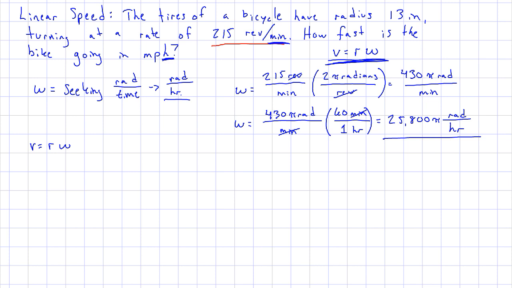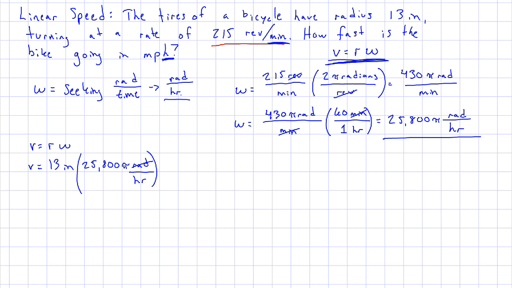So V equals 13 inches times 25,800 pi radians per hour. Now, radians are a unitless measure, so I'm going to stop saying radians because it is a unitless measure of angles. It's not introducing an additional unit into my final answer here.